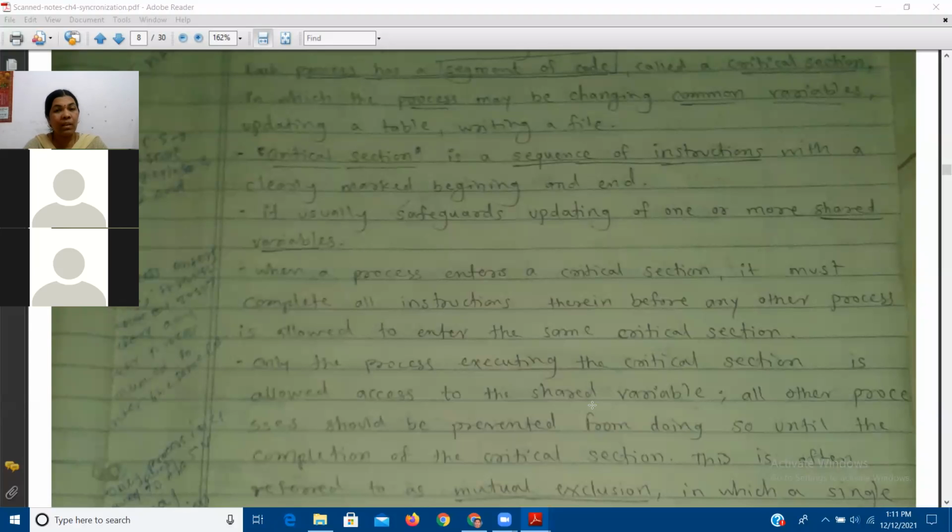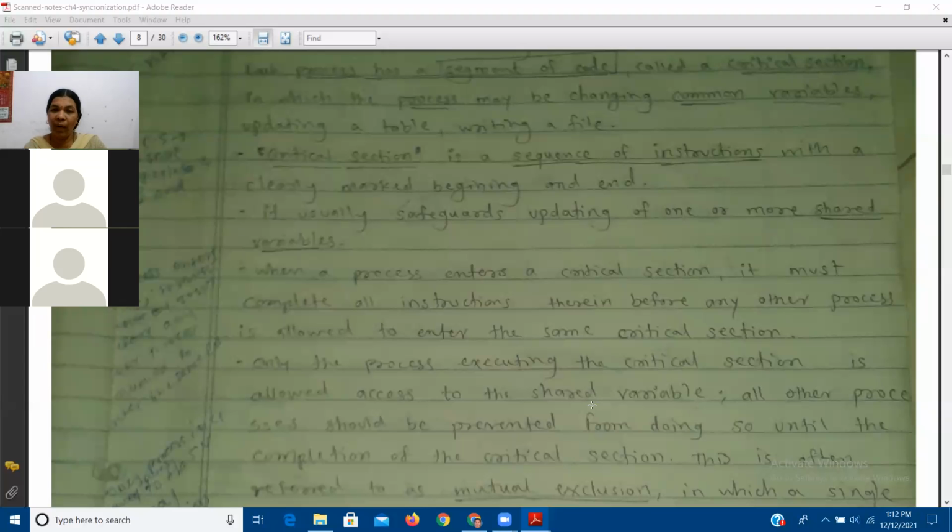So what does customer C2 have to do? Customer C2 will check the status. After checking the status, he or she will come to know that it is busy. So what will he or she do? Obviously, they will wait. They wait in their entry section, because entry and exit are the entry for the critical section and the exit from the critical section, right?